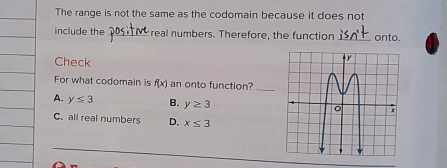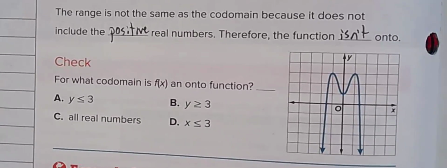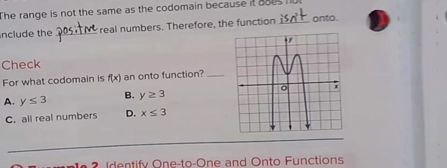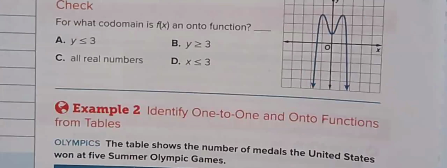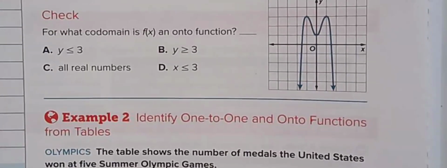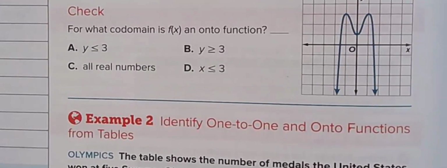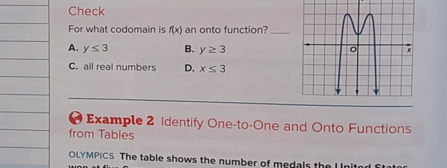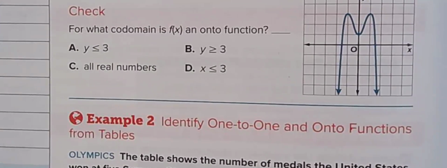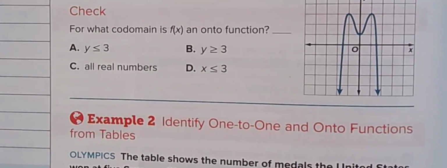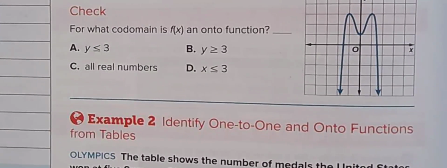So here's our next question. For what codomain is f of x an onto function? So in order for it to be onto, let's do a quick review. In order for it to be onto, the range and the codomain must be the same.